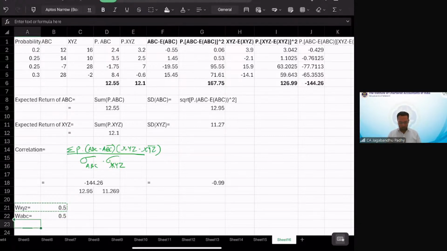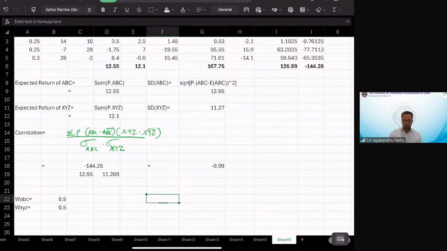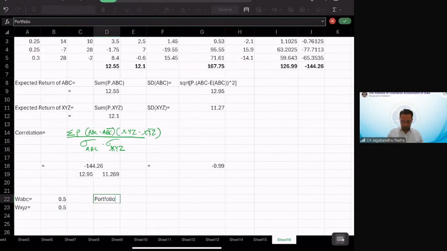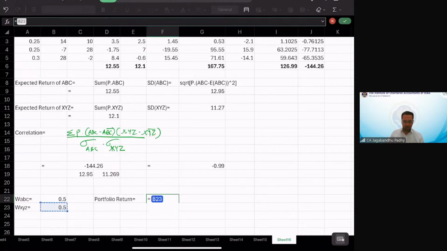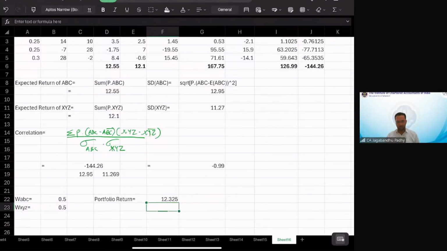Then we want to compute the portfolio risk and the return. Portfolio return we can compute as simply the weighted average, which will be weight of ABC into return of ABC plus weight of XYZ into return of XYZ. So that's 12.325.